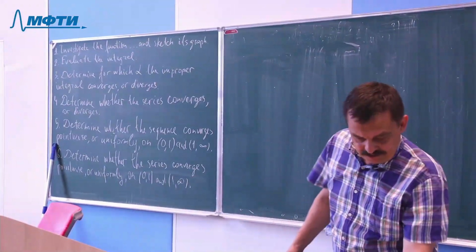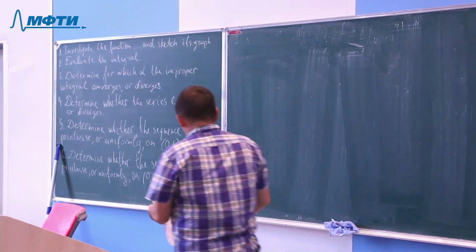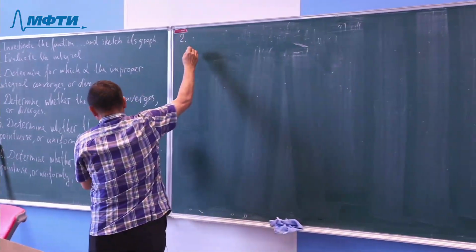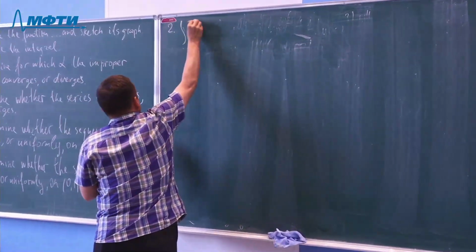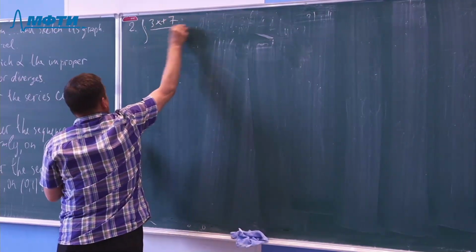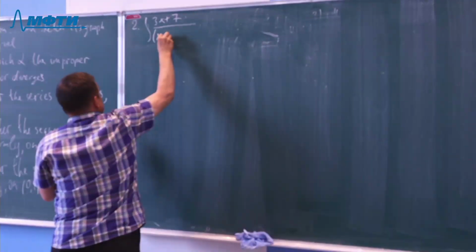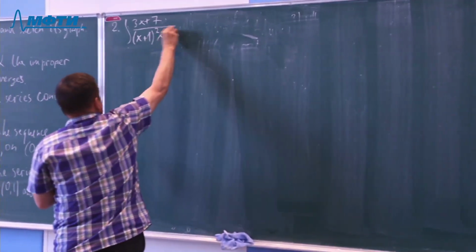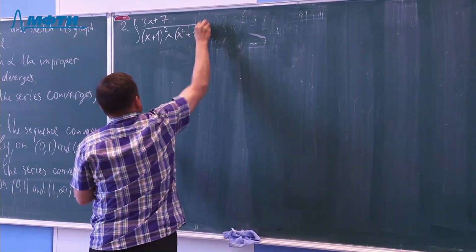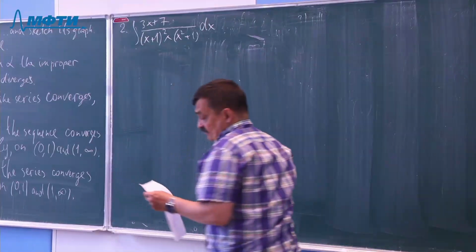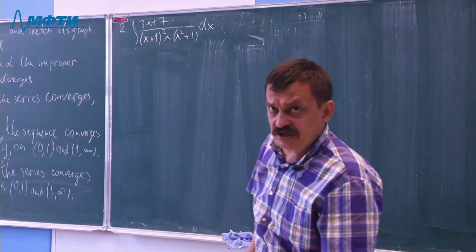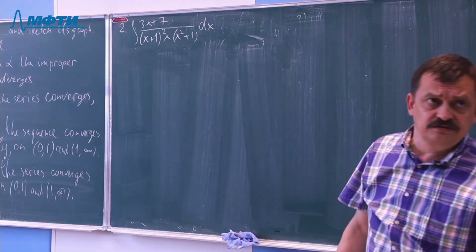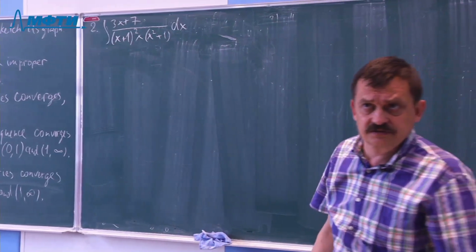Okay. Sample for the second question is the integral of (3x plus 7) over (x plus 1) squared times (x squared plus 1) dx. So as you see, I choose a rational function, and also you need only rational functions, nothing else.